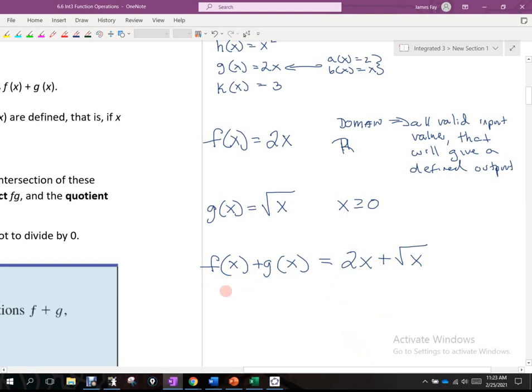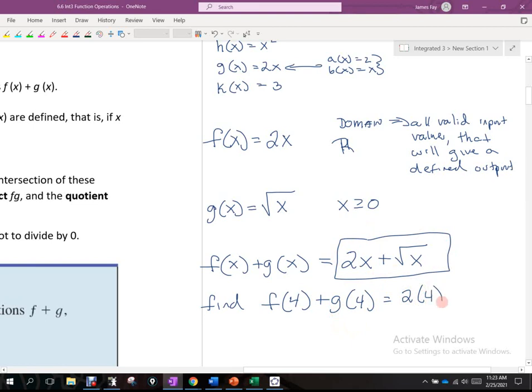That function, if I ask you to find f of 4 plus g of 4, well, that means wherever I see the x's, I'm going to put 4 in, right? So I'd have 2 times 4 plus square root of 4. What's 2 times 4? 8. What's square root of 4? 2. So it'd give me 10, right?